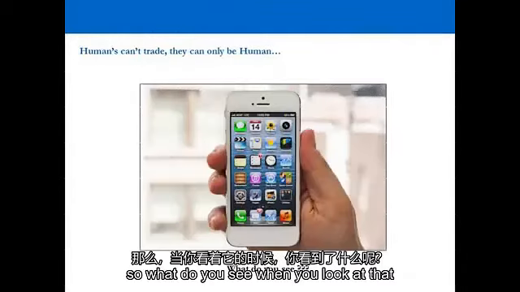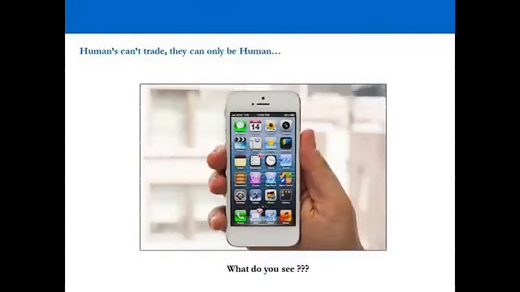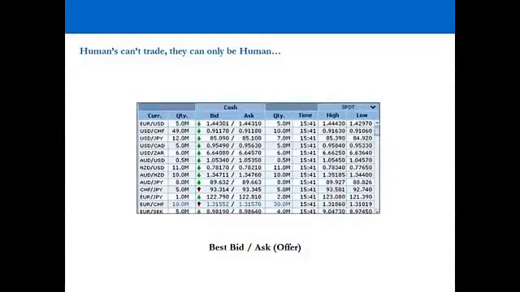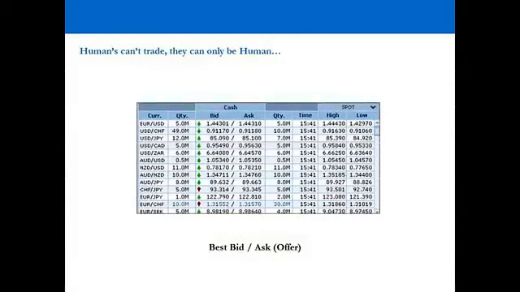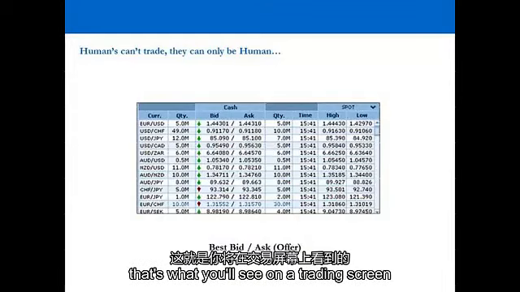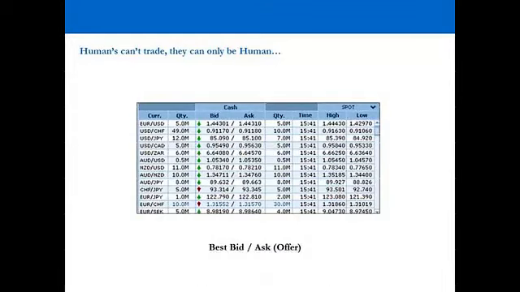So what do you see when you look at that? Most people see a phone. I see a trap. What do you see when you look at that? That's what you'll see on a trading screen.